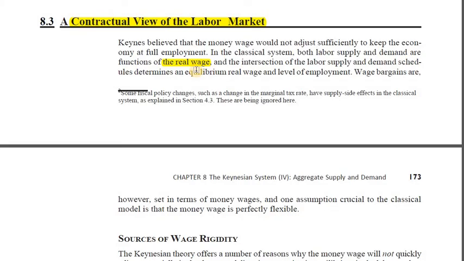Suppose prices in the economy have gone up. Prices अगर let's say have gone down, prices gone down से example अच्छा बनेगा. तो अगर prices have gone down, it means the real purchasing power of the labor has gone up. It means their real income has gone up. It means their real wage has gone up. But the classicals were of the view that even the employer knows this thing and even the labor knows this thing.